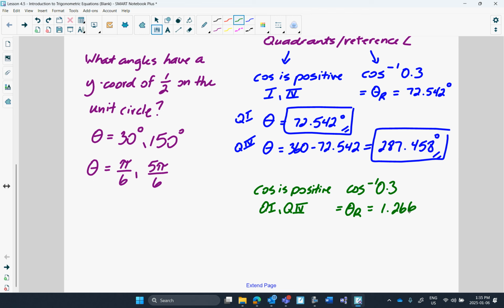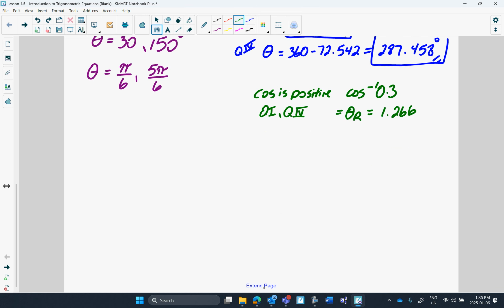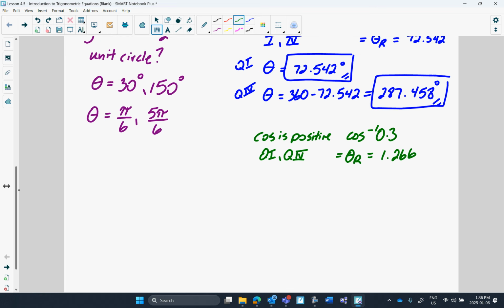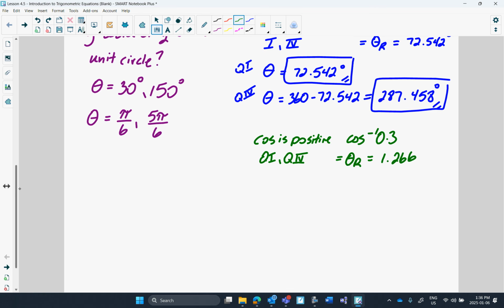And remember, you don't have to put units for radians. So now I'm ready to find my answers. In quadrant 1, the actual angle is going to be the same as the reference angle. So 1.266. That's one of my answers.